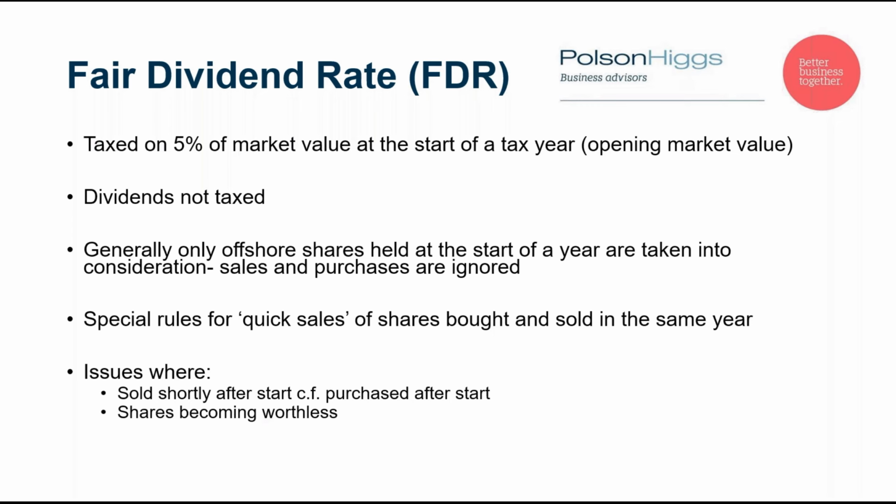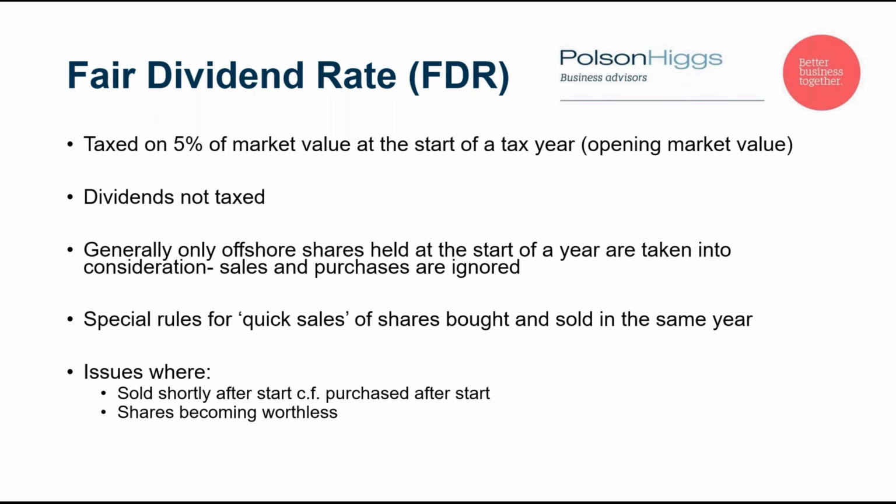Well, as I said, the FIF rules are a code, so I only return income under the FIF rules. The dividends themselves are treated as exempt income and are ignored. You still might want to record them for accounting purposes. For example, here we still show them as income received in our P&L. However, when we come to do our tax return, you ignore those and you just use the 5% of the opening market value.